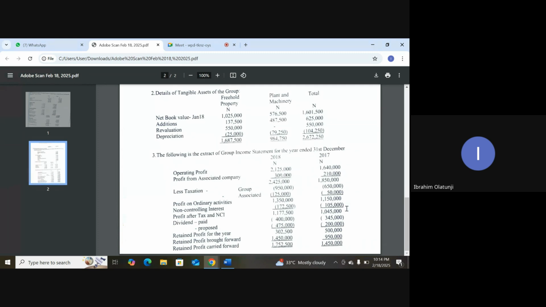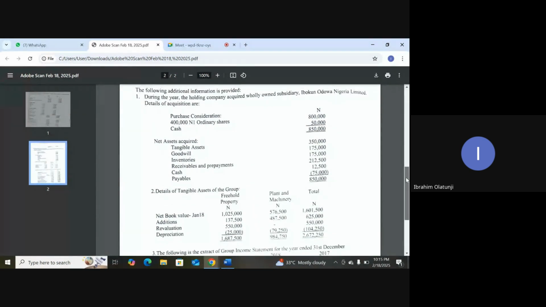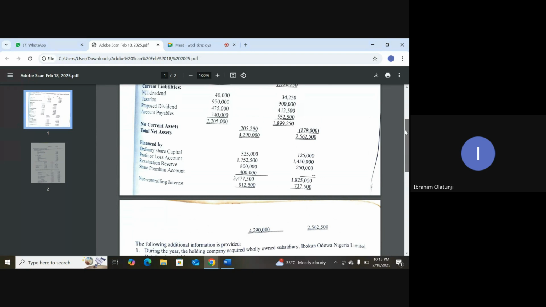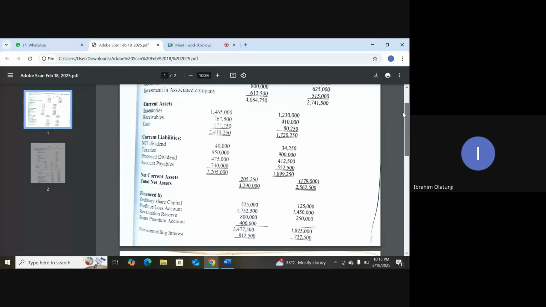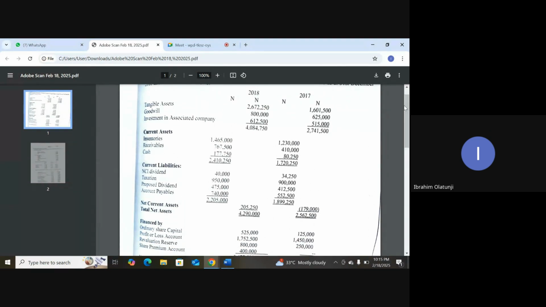So we have to be sure, even double sure. You can see investment in associate company.